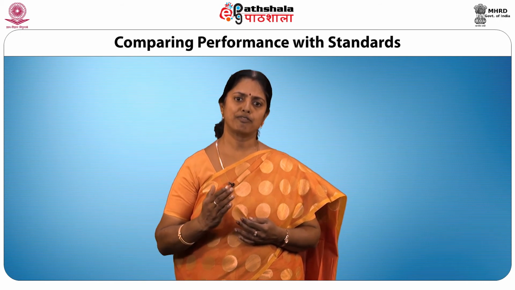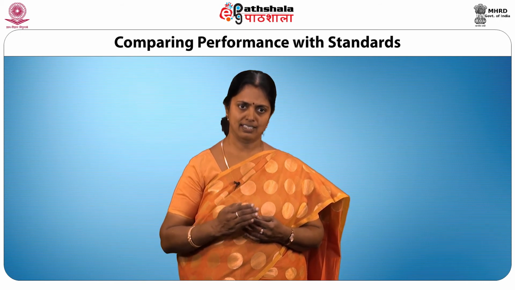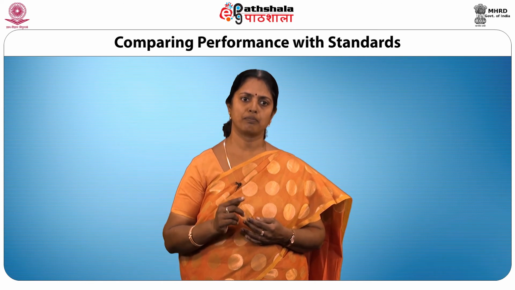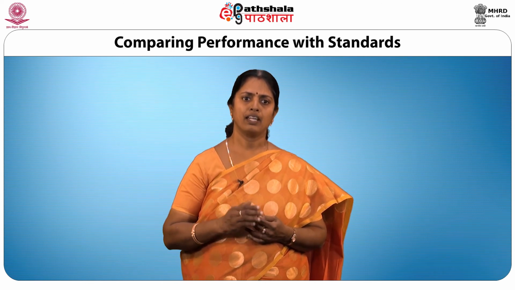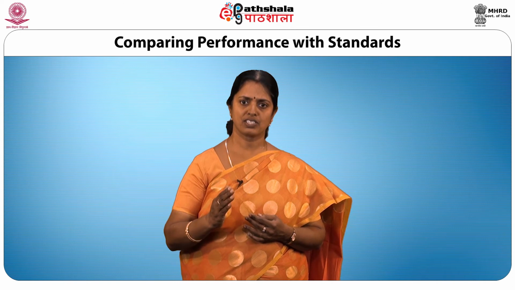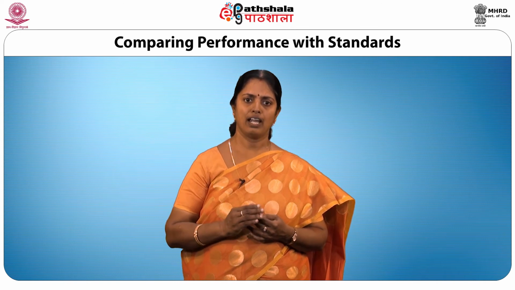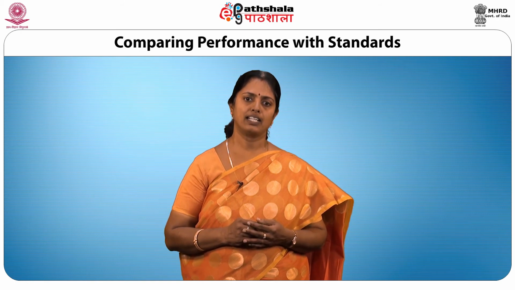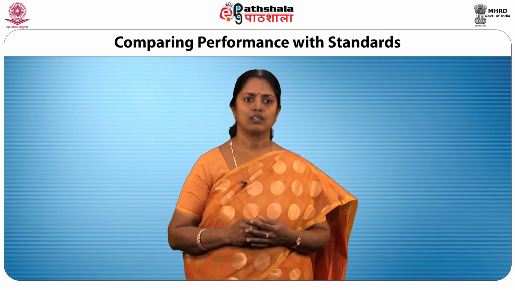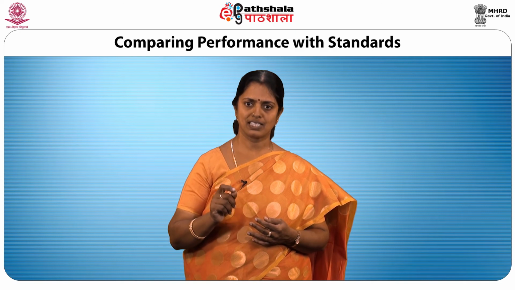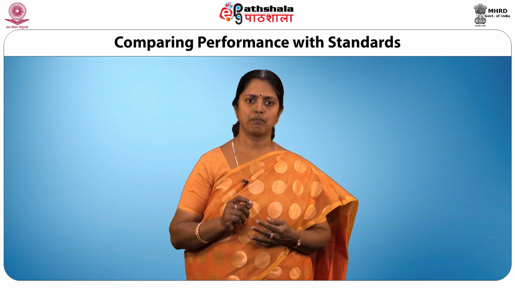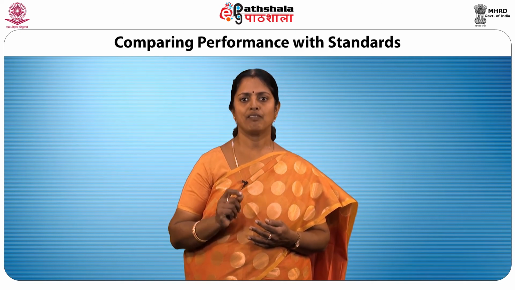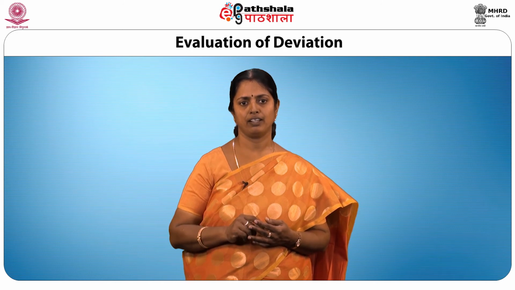The comparison of performance with standards tells us if anything has gone wrong in the process of operations, if there is any deviation from the standards, negative or positive, and what must be undertaken as a restorative process for correcting such a deviation.